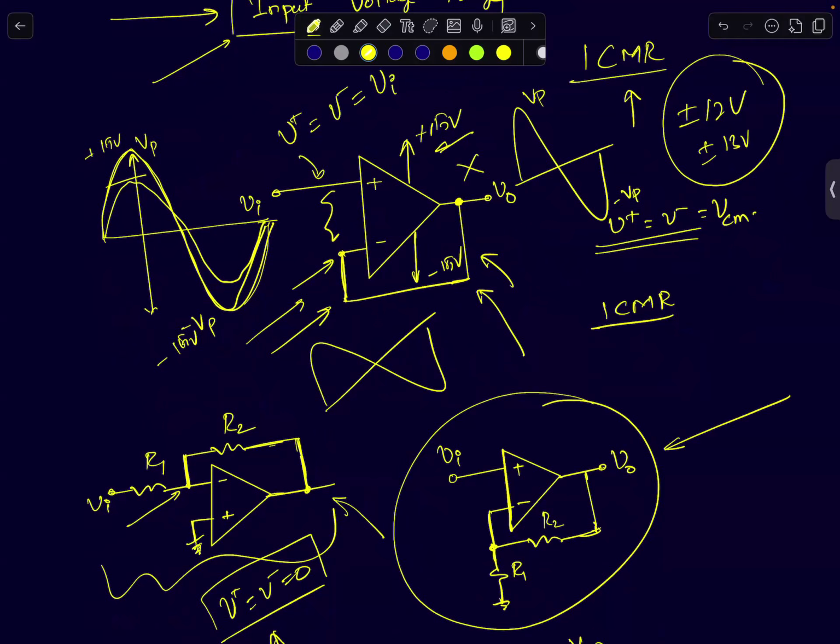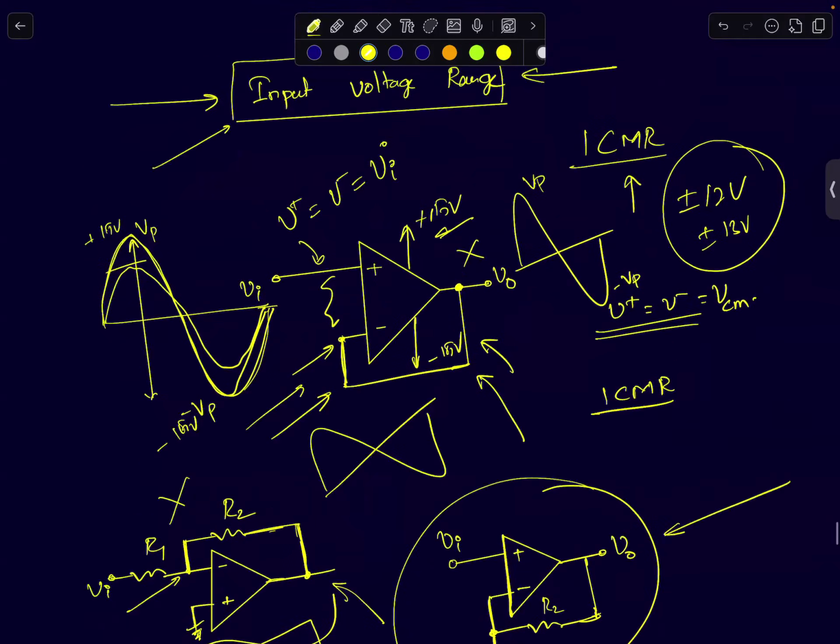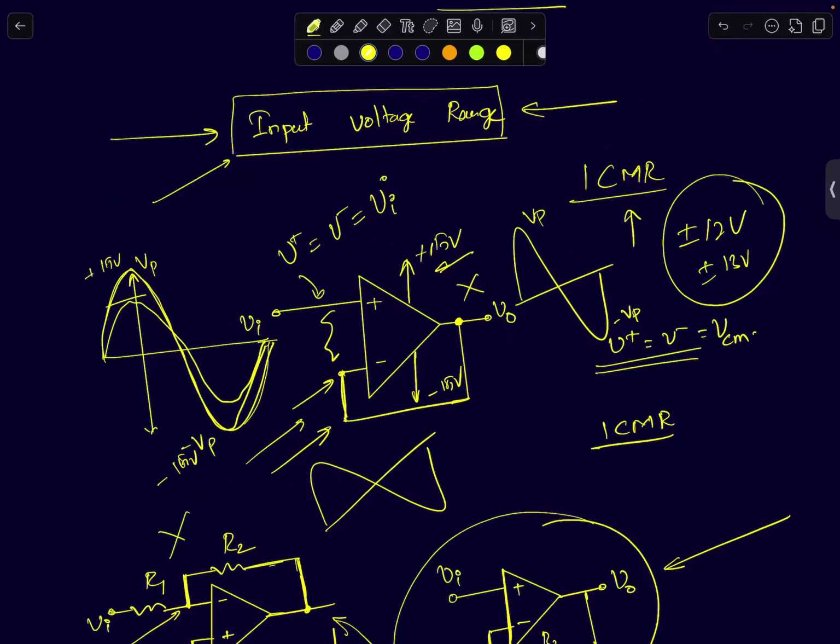So we don't have to worry for this circuit, whereas in the voltage follower and non-inverting amplifier, this matters. It's called the input voltage range, essentially ICMR.